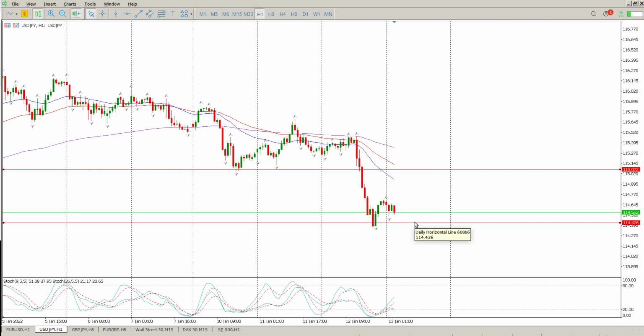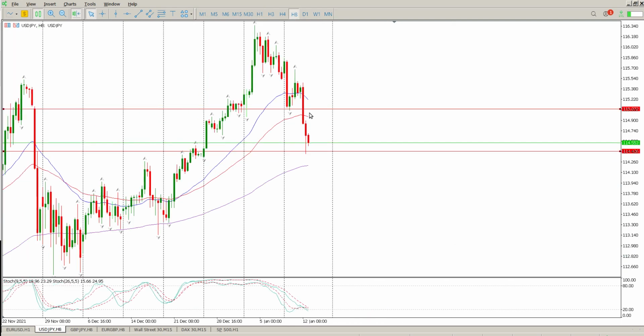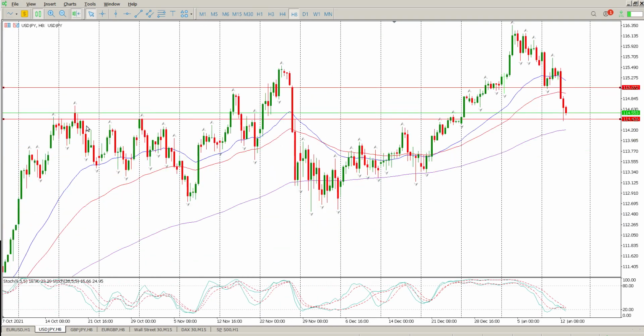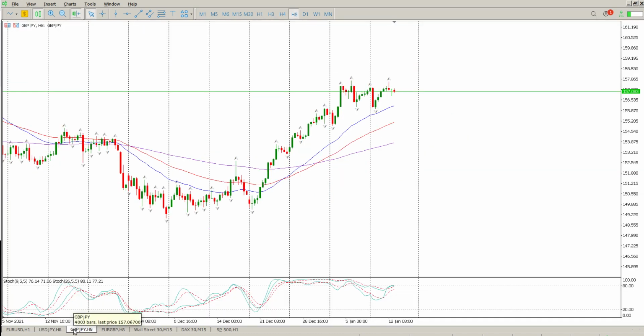Bear in mind, this is a big level here, 426, sorry. If you look to the left, you can see a lot of structure in this area, so I would be very wary of trying to jump in short at this area here. So you want to see a retest of this level and then a move to the downside. Just wait for the structure on the dollar. The data is out of the way, now you need to wait for structure.